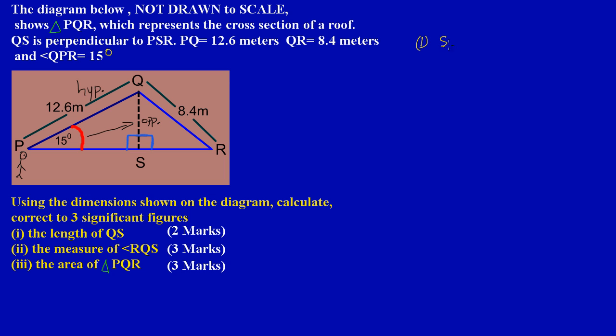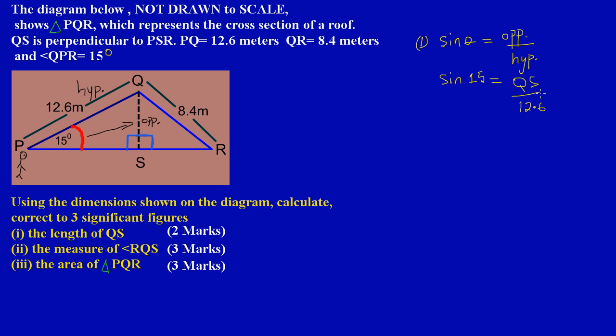So sine of theta is equal to opposite over hypotenuse. By substitution, theta represents the angle, which is 15 degrees. So sine 15 degrees must be equal to the opposite, which is QS, and we don't know that, over the hypotenuse, which is 12.6.